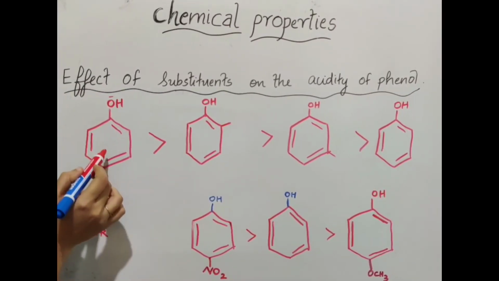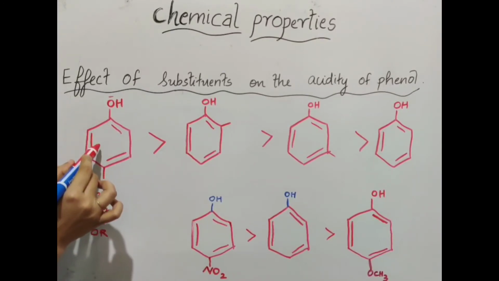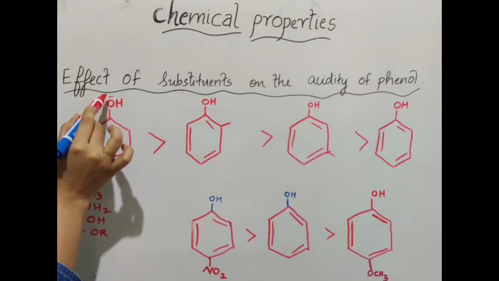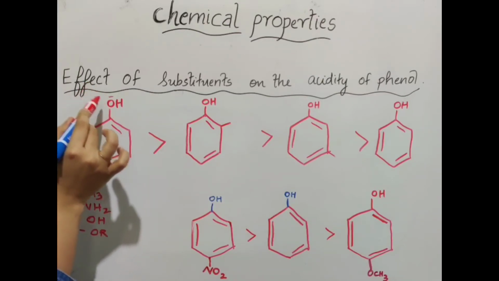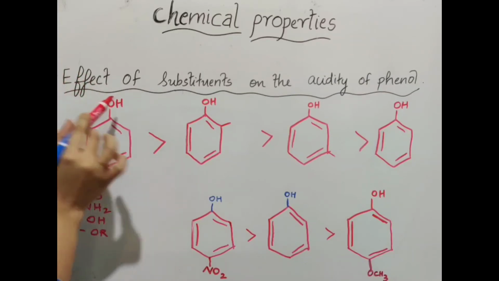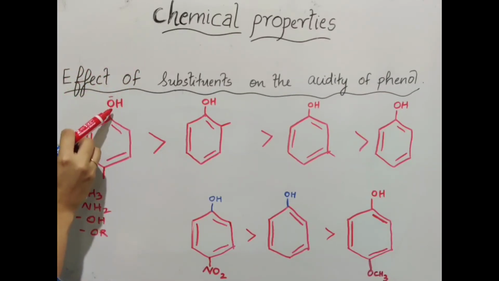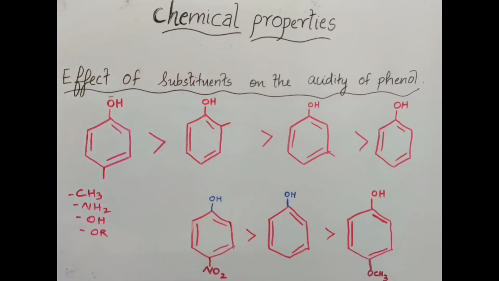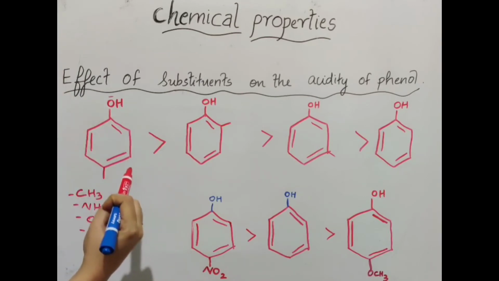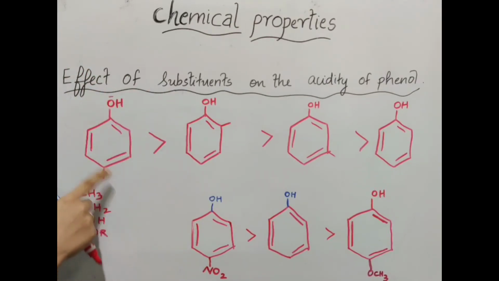This oxygen always tries to attract H, not releasing it. Hence, the acidity of phenol is decreased by the presence of an electron releasing group.